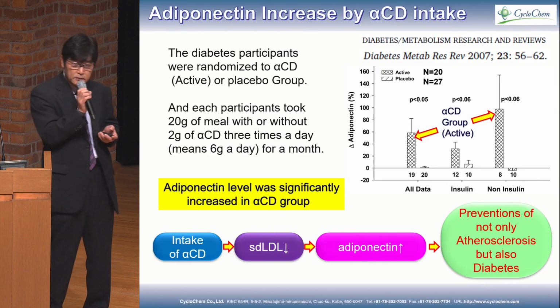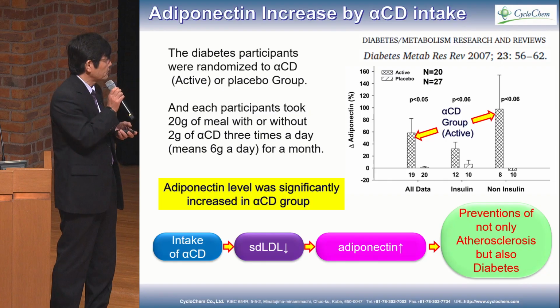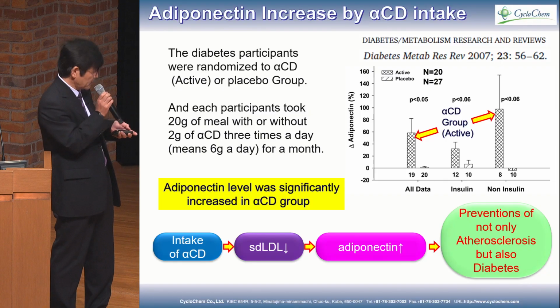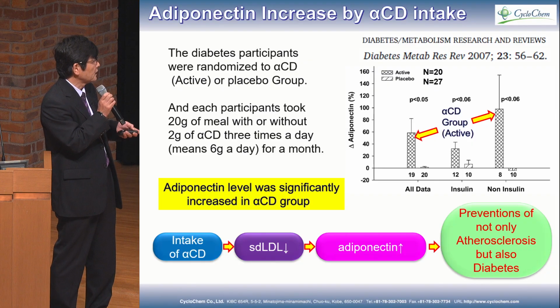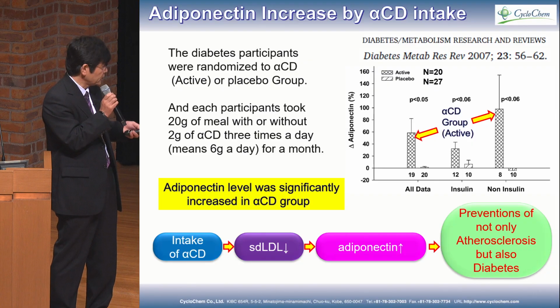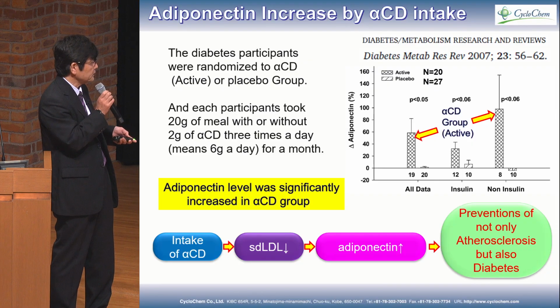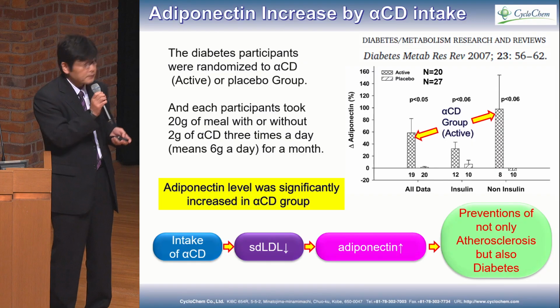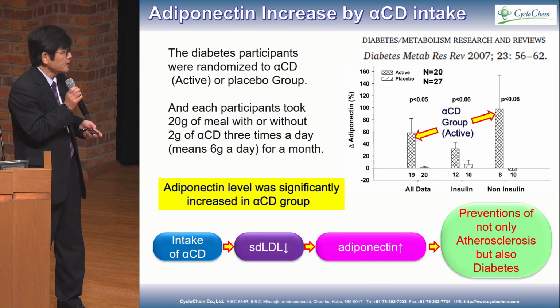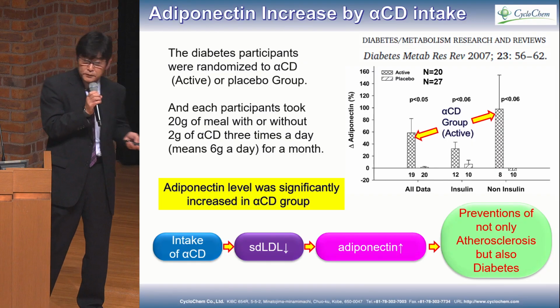That means 6 grams a day for a month. Then adiponectin level was significantly increased in the alpha-cyclodextrin intake group. That means intake of alpha-cyclodextrin reduces small dense LDL and increases adiponectin level. That means prevention of not only atherosclerosis but also diabetes.